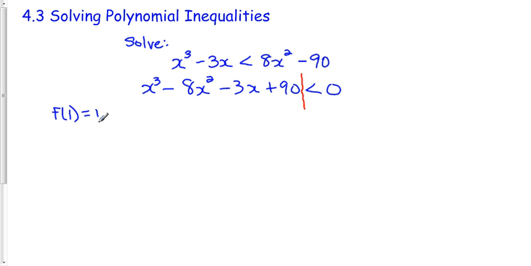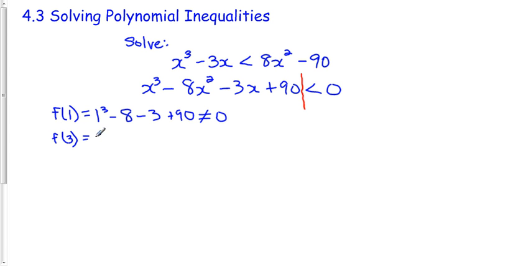So we have 1 cubed minus 8 times 1 squared, which is just 8, minus 3 plus 90. Obviously this is not equal to 0. So let's try a bigger number. Let's jump to f of 3.